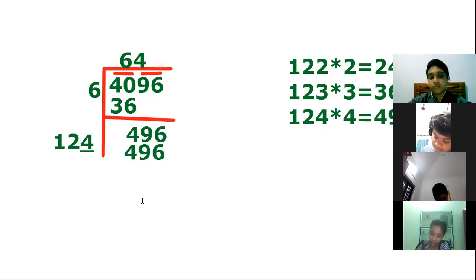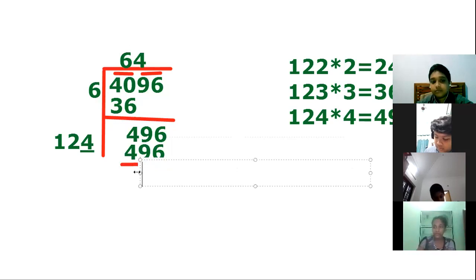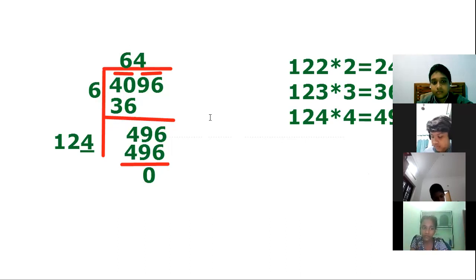You can check the answer by multiplying 64 into 64. That should give the product 4096. So this is the way through which we are finding the square root of numbers through the division method. This is the division method.